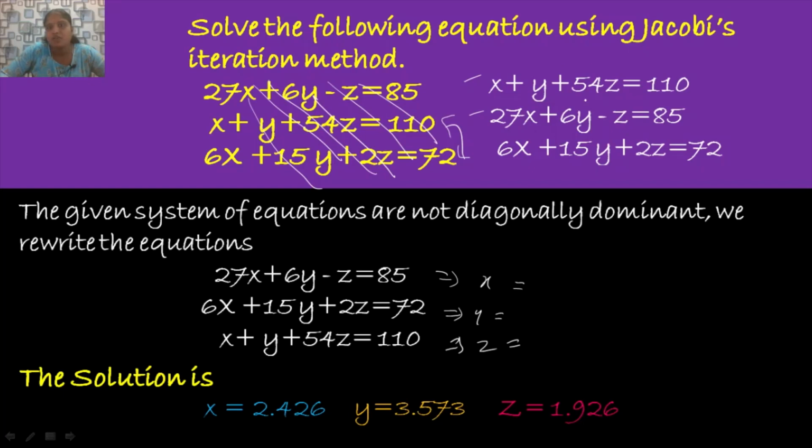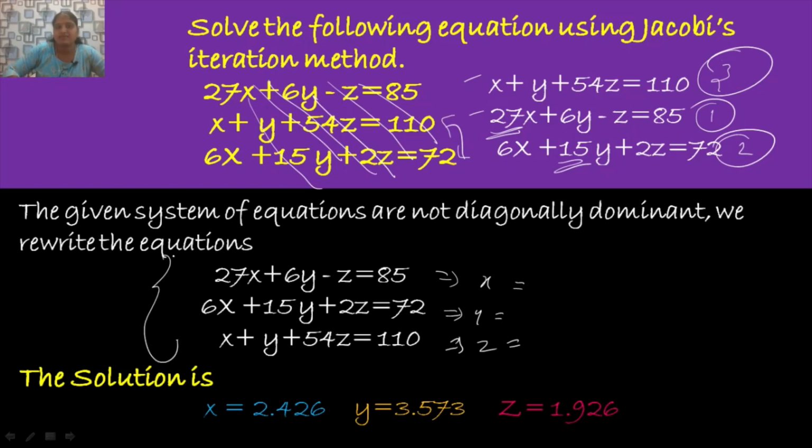This is your first equation because the x coefficient is large, this is your second equation and this is your third equation. If you rearrange the equations like this, you get the system in this form, and from this you write the values of x, y and z, then you get the same solution.